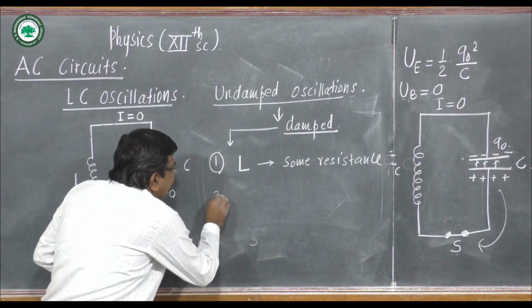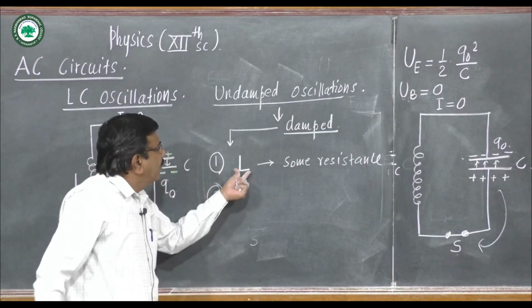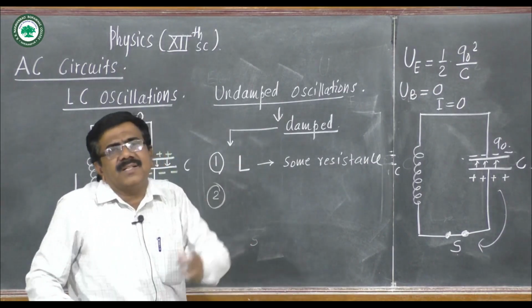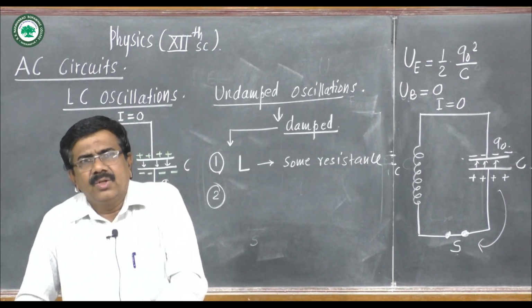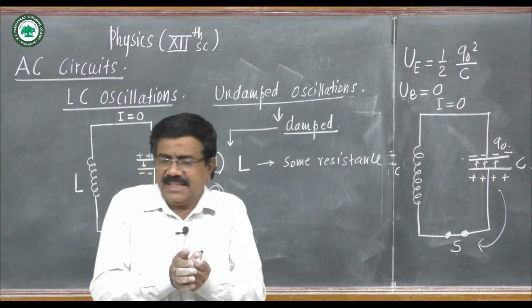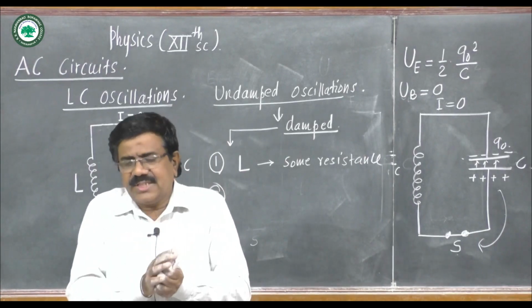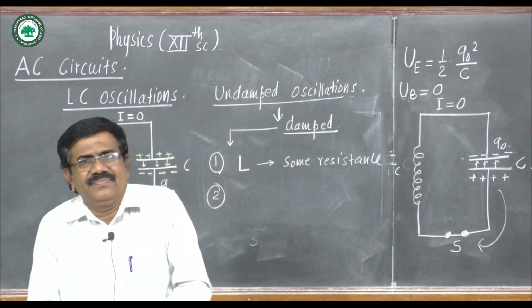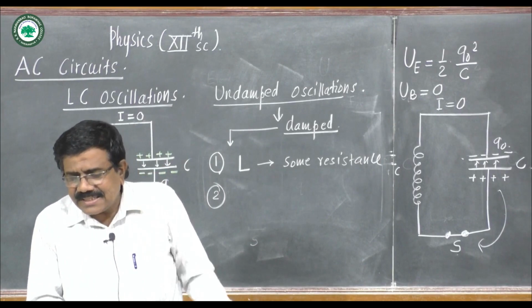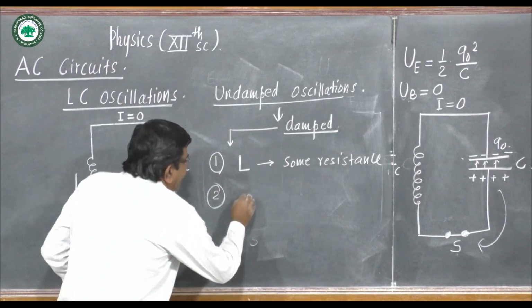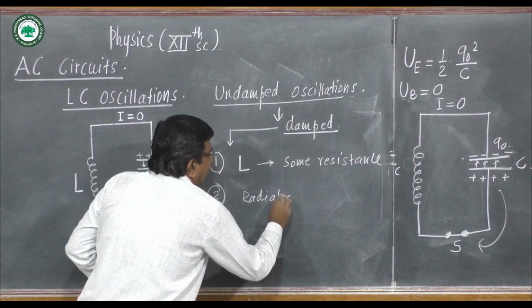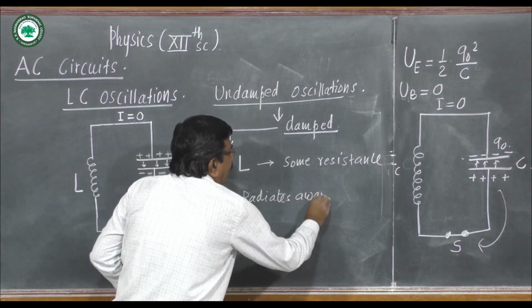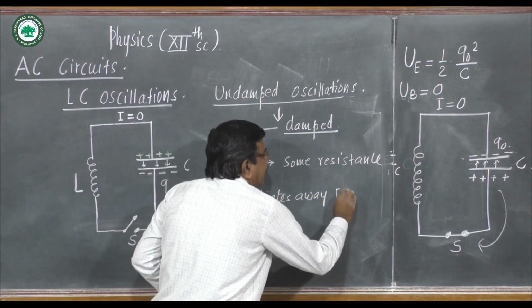The second reason is, even if the resistance of the inductor is zero, the total energy of the system would not remain constant because the energy radiates away in the form of electromagnetic waves.